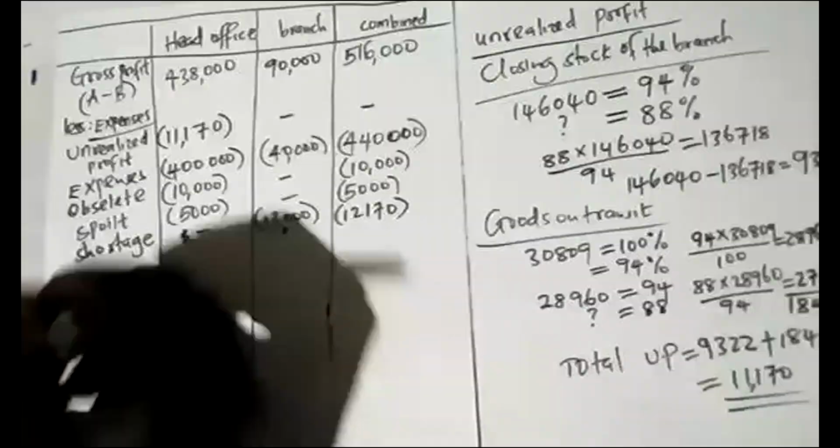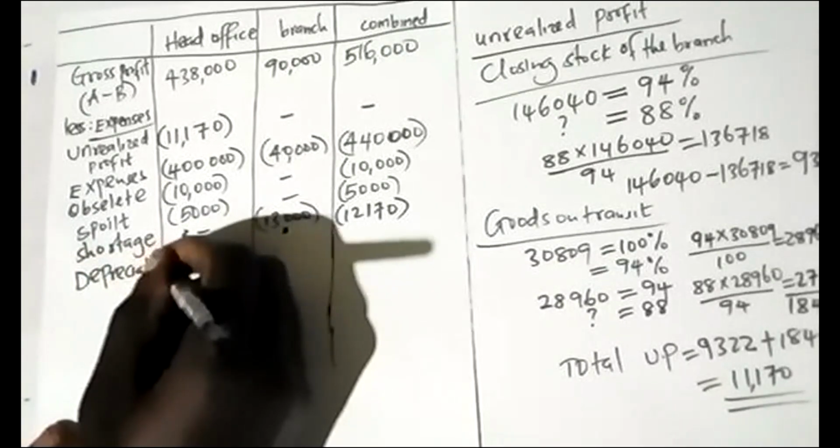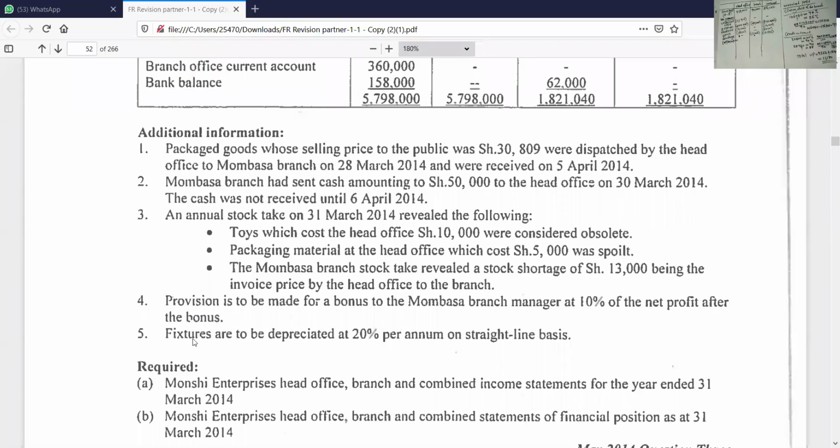Then finally, there is depreciation of fixtures. It's under the last additional information of the question. You can see number 5: fixtures are to be depreciated at 20% per annum on a straight line basis.